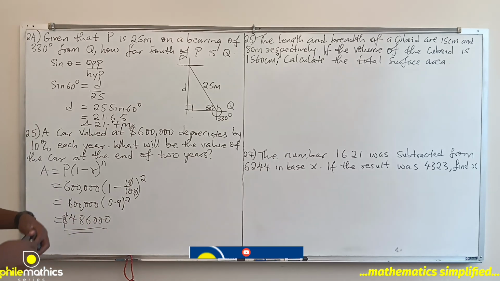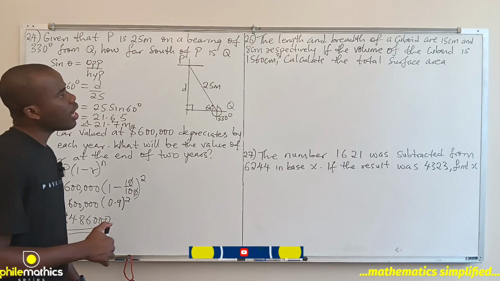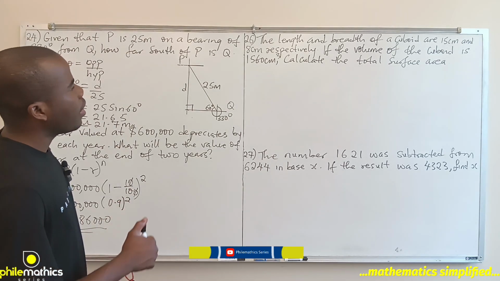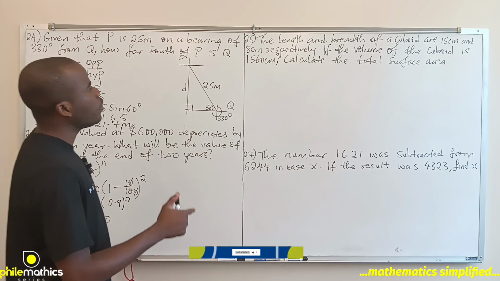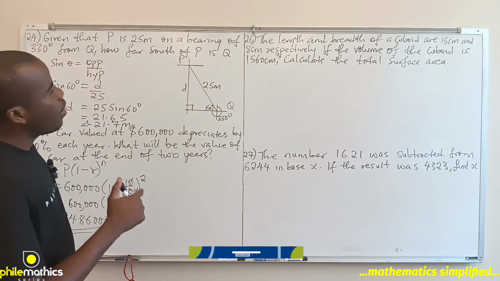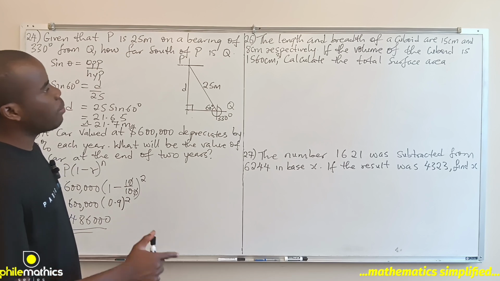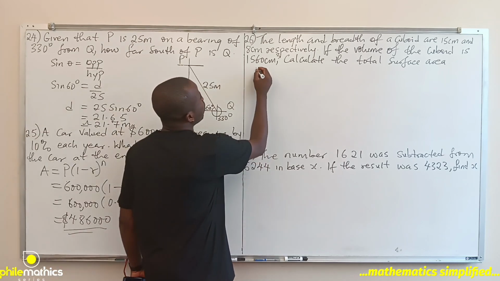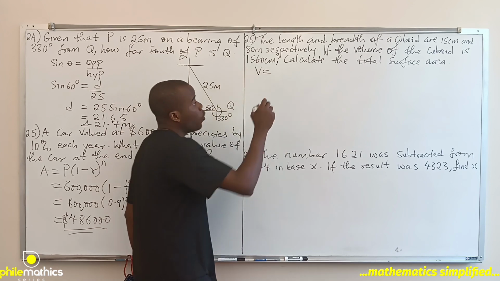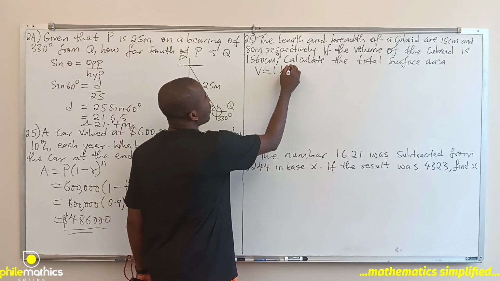26 says the length and breadth of a cuboid are 15 cm and 8 cm respectively. If the volume of the cuboid is 1560 cm cube, calculate the total surface area. So let's start with the volume. The volume of a cuboid we know is length times breadth times height.